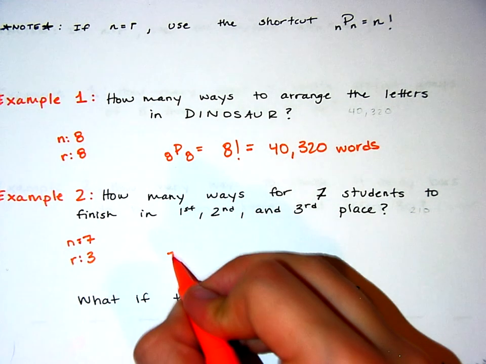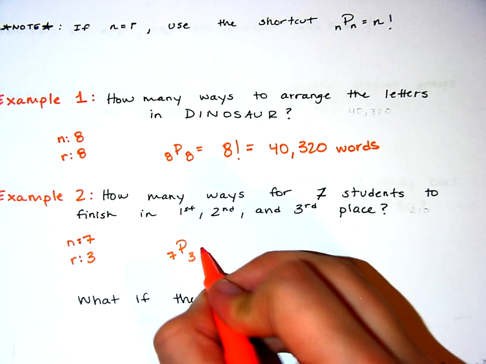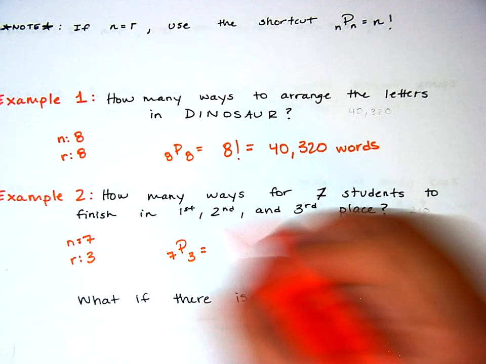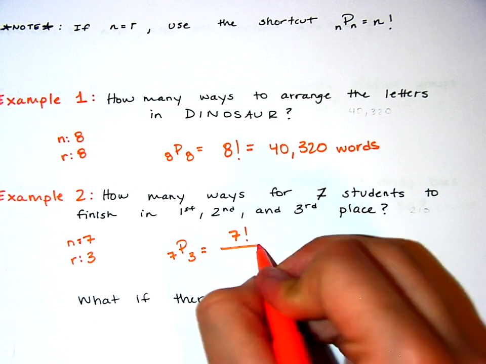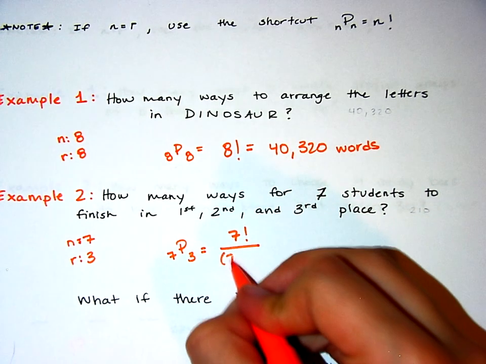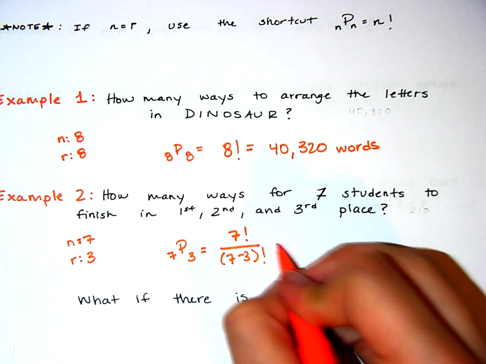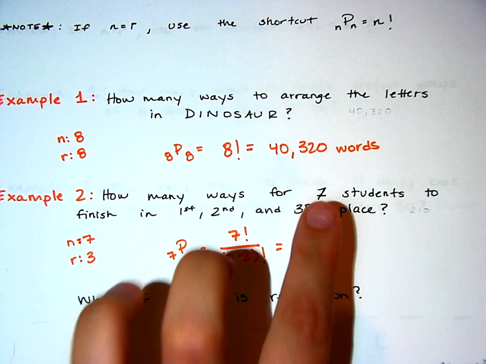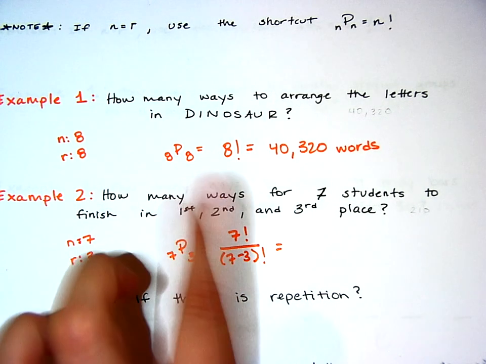So this is 7 pick 3. Okay, so we're going to use that formula with 7 and 3. So the n value, that's 7 factorial all over 7 minus 3 factorial. Okay, so this is going to tell us how many ways 7 kids can finish in first, second, and third.